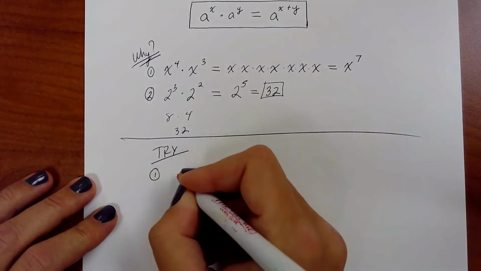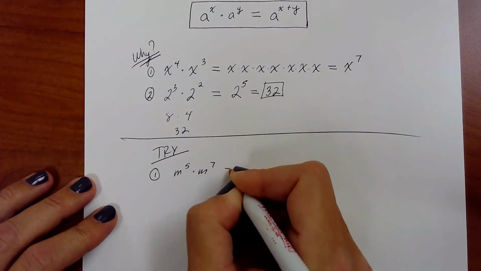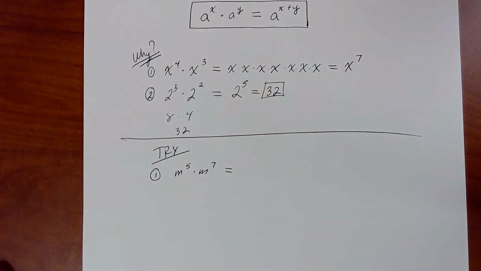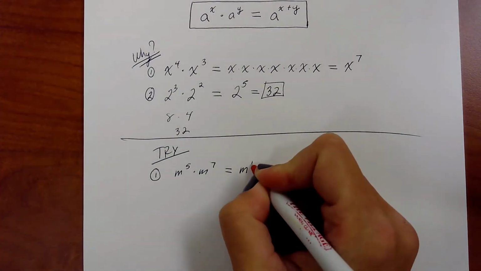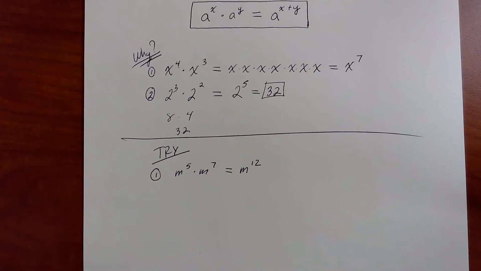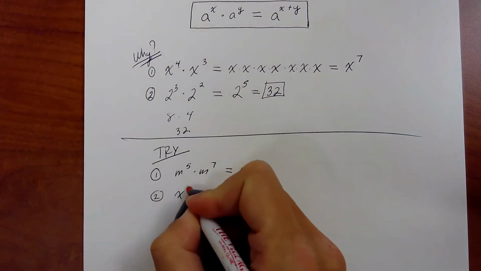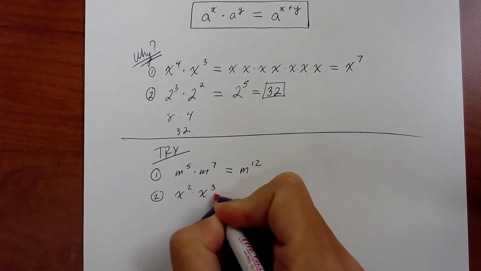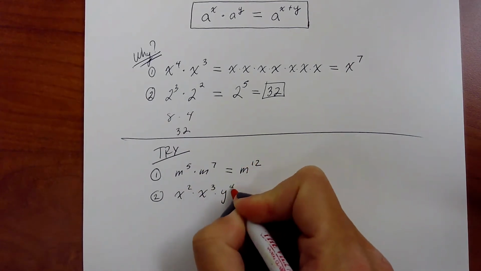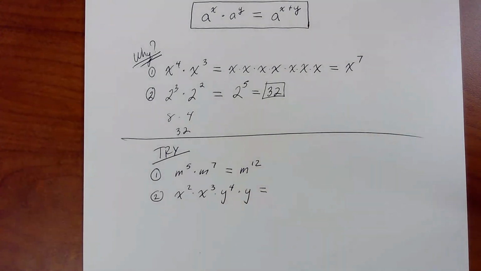So here we go. Let's try m to the fifth times m to the seventh. M to the 12th. That's all you can do. All right, let's try another one. X to the second times x to the third times y to the fourth times y. Oh, this one's interesting.